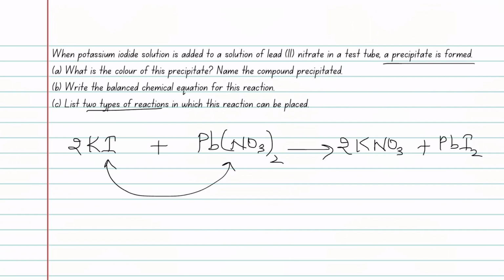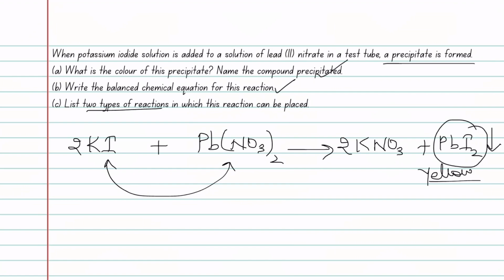So the precipitate that you get is lead iodide precipitate. Okay, it's a yellow colored precipitate. That answers our first question, and second question is also answered now that we have balanced the equation.